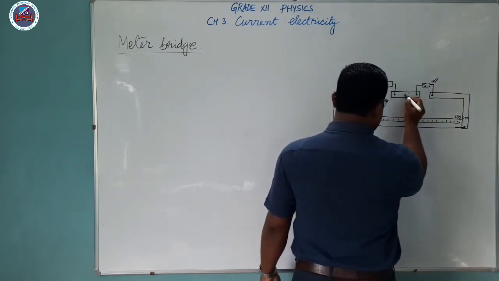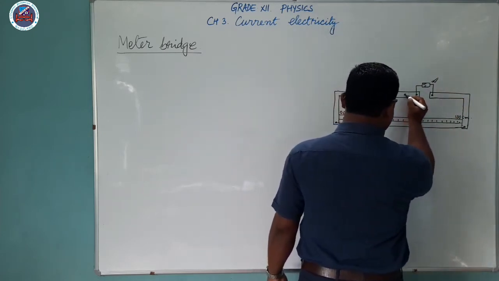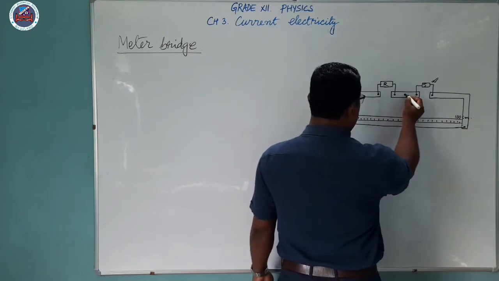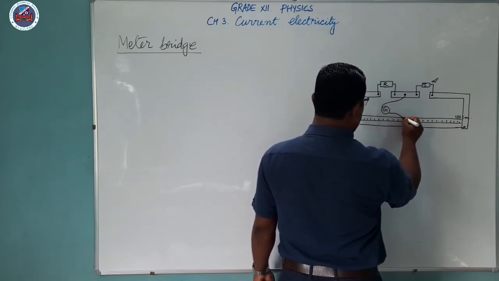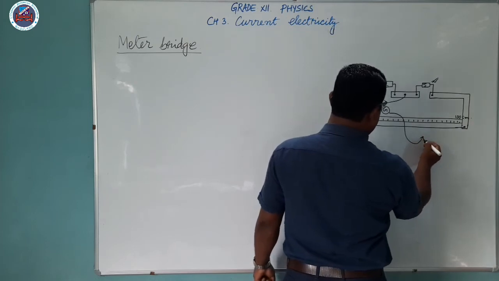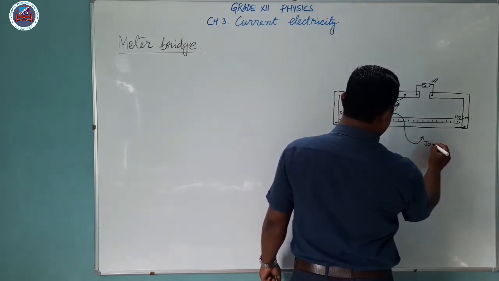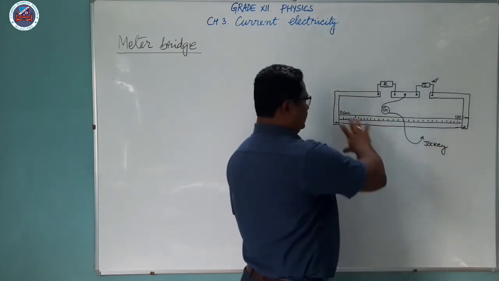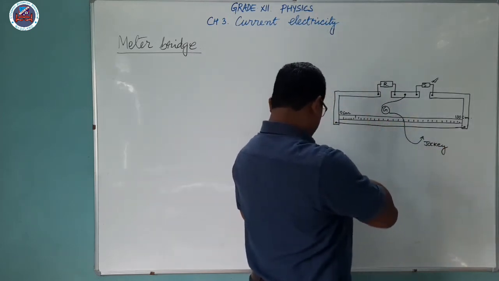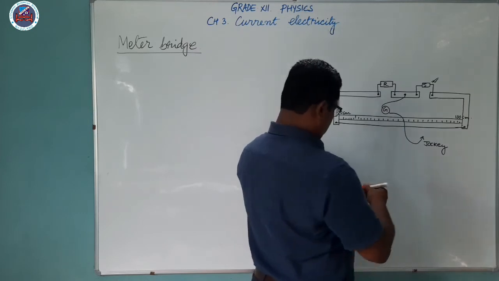The resistance of this resistor we want to find out. Then there is a galvanometer that we have to connect at this point. This is a galvanometer, and then at the end of the galvanometer 1 more wire will go like this, and this end we call the jockey. Now this arrangement, you connect it this way.